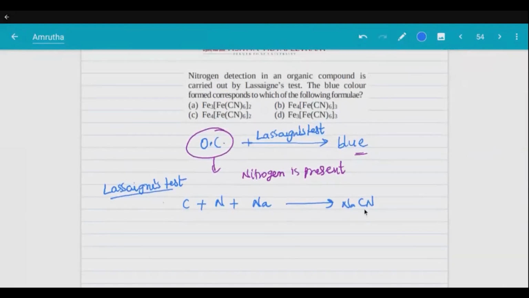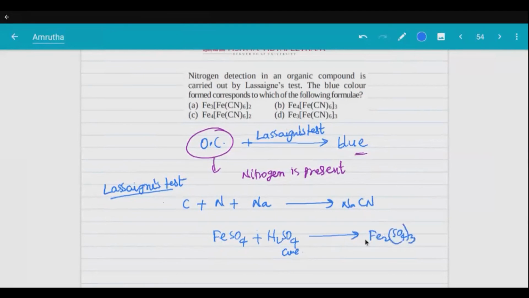Now to this CN minus, we add iron sulfate. Some of the iron sulfate reacts with H2SO4, because we also add concentrated acid.